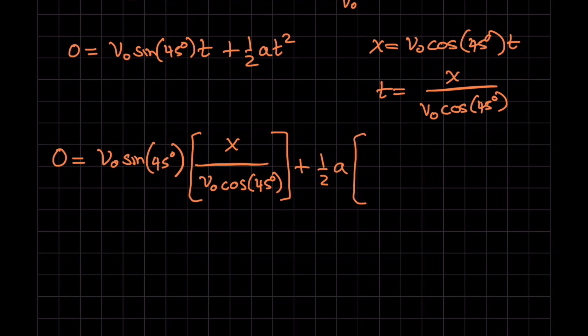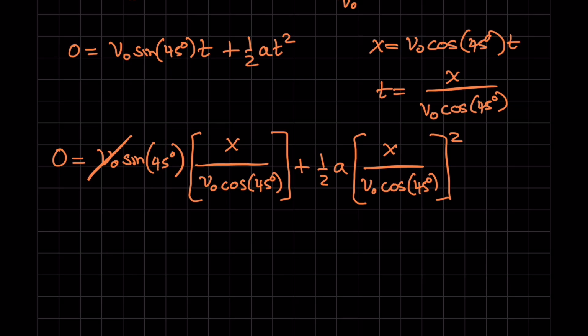Still have to substitute for t, but don't forget the square. So x divided by v naught cosine of 45 degrees, and then squared. So the y equation is now a little more complicated, but we'll slowly try to simplify it so that we can solve this.